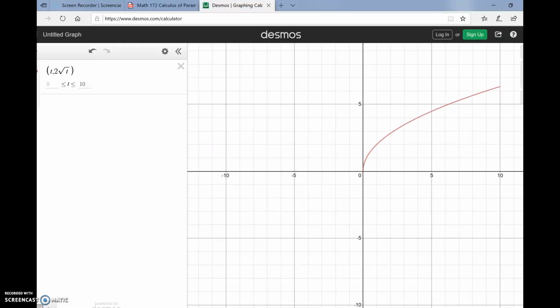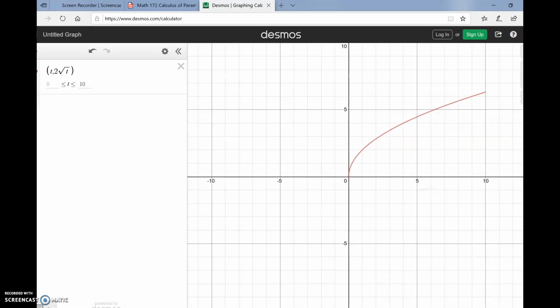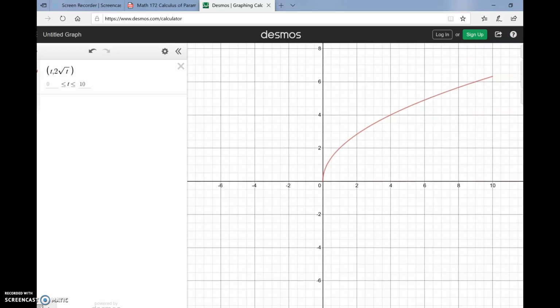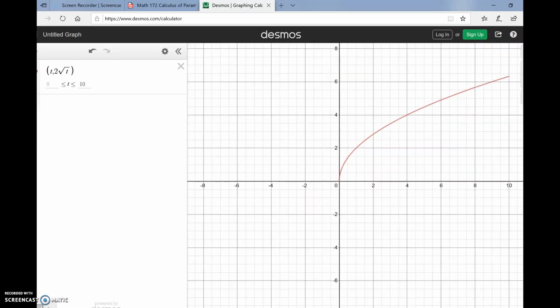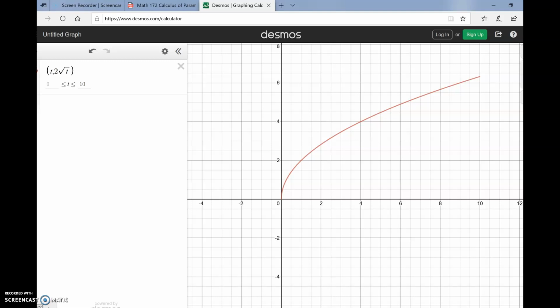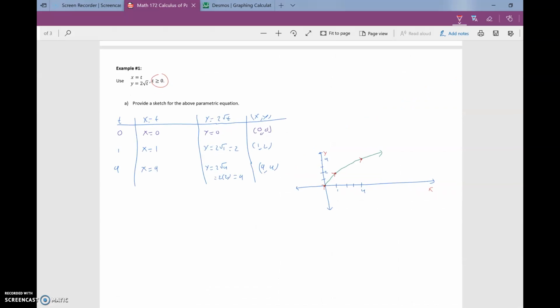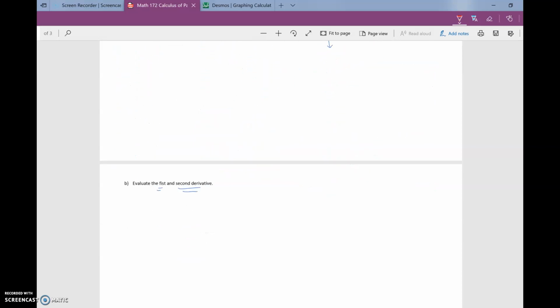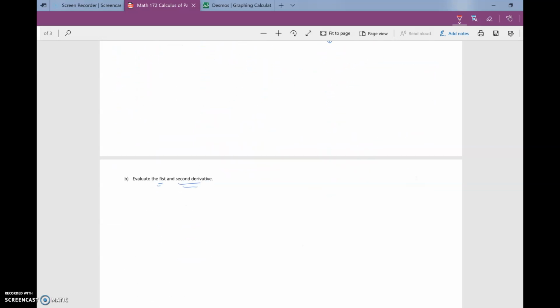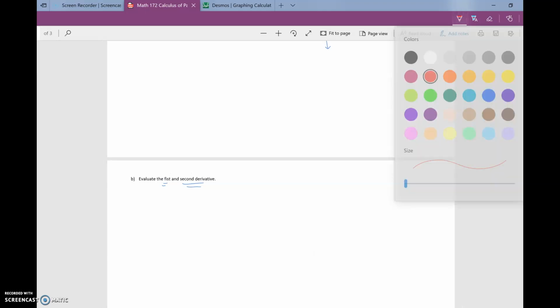In this case, I'm just putting 10 as the maximum value, but you can see that this is a basic square root going in this direction towards infinity. So for our sketch, at least 3 coordinate points is sufficient, and that would be it.